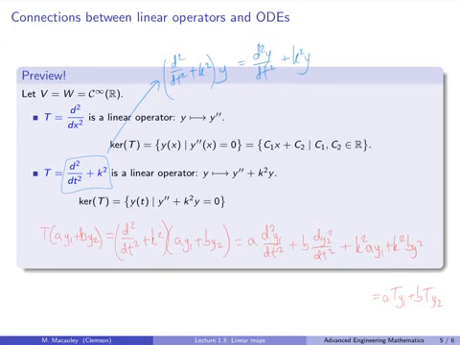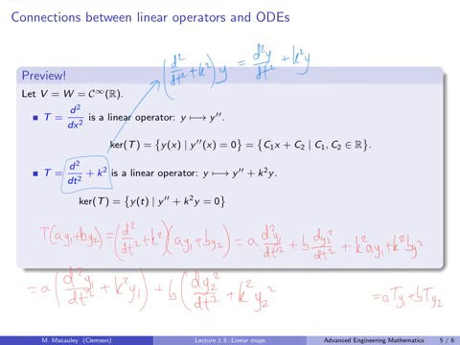Now if we regroup these things, we can write this as a times d squared y1 over dt squared plus k squared y1, plus b times d squared y2 over dt squared plus k squared y2.